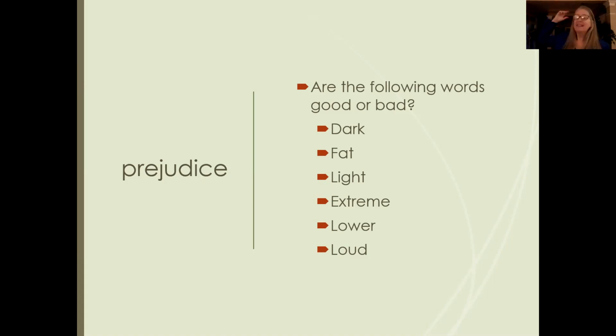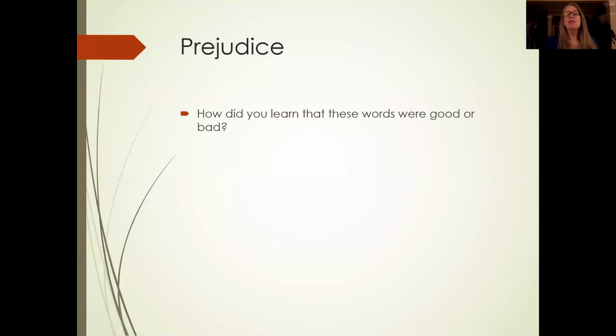And the white hat, that's a cue to you that it's the good guy. So you have learned through classical conditioning that certain words usually are paired with good things, and certain words are usually paired with bad things. So you learn certain words are good and certain words are bad. So you can think about how did you learn that these words were good or bad? Think back to your classical conditioning history.